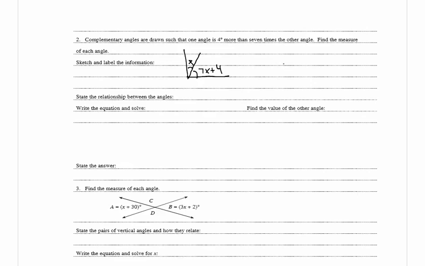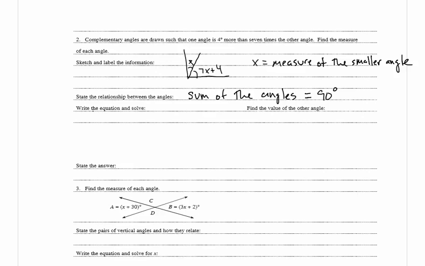And we know that the two angles need to equal 90 degrees. And x is going to represent the measure of the smaller angle. And we want to state the relationship between the angles, and the sum of the angles is equal to 90 degrees.